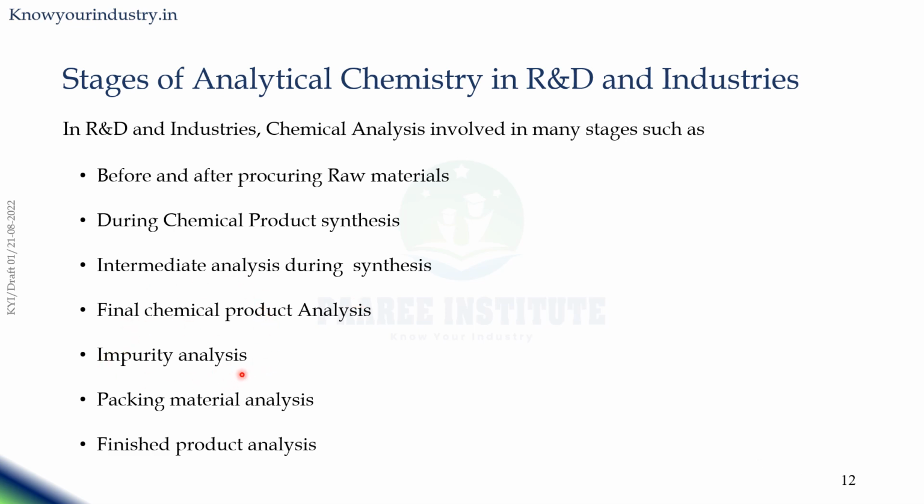Then the packaging material analysis, then finished product analysis. So every stage of research and development or manufacturing requires analysis to maintain the quality or to determine the way forward for the particular process.